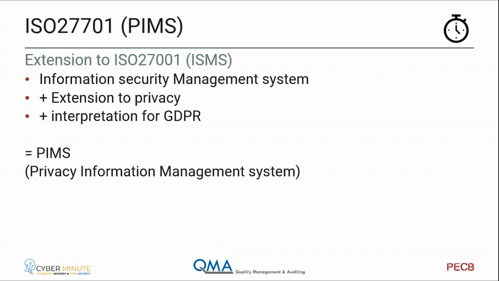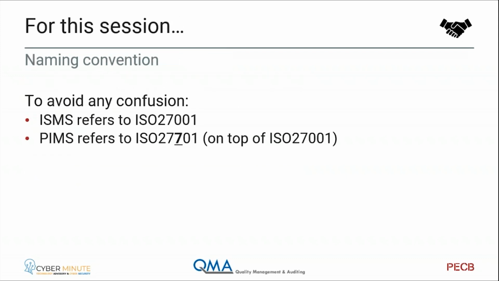So essentially, it's not just a shell, but it also uses the core of our information security management system. It's quite important to know because some people think that the PIMS description in 27701 is very light, but it's not. It's an add-on to the ISMS, right? So I will try to keep to ISMS and PIMS, so you can relate these numbers. In previous sessions, we had quite a lot of references to each other, and that's what I wanted to avoid for this session.